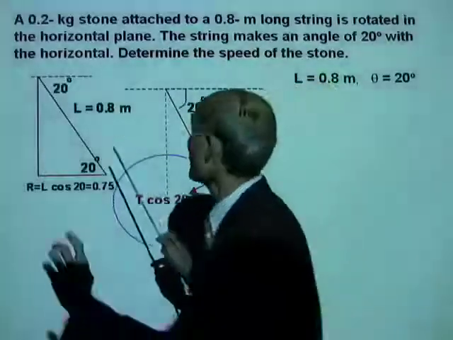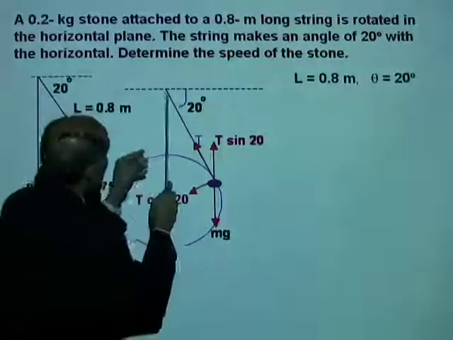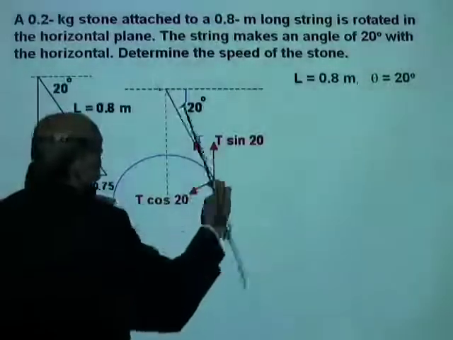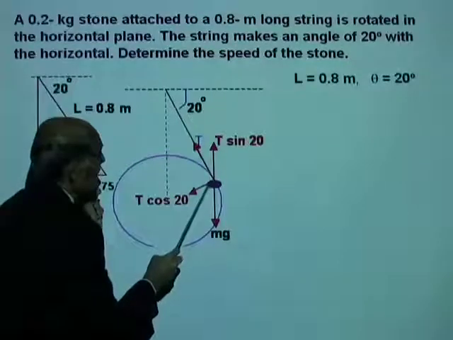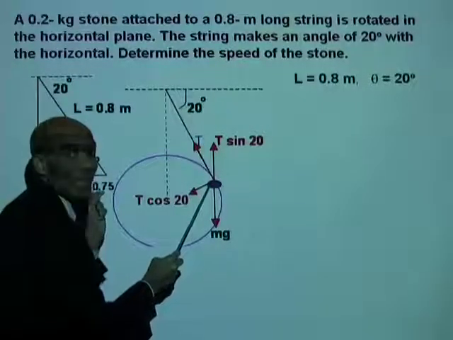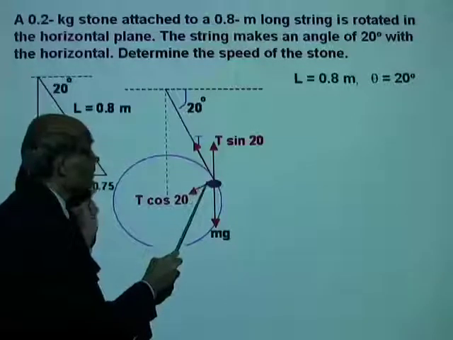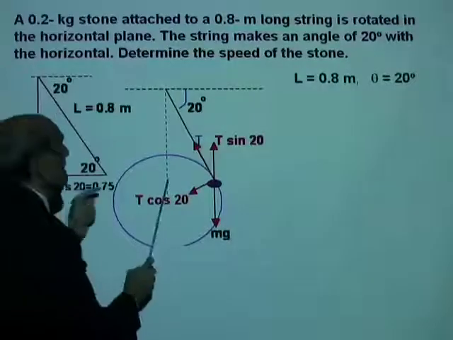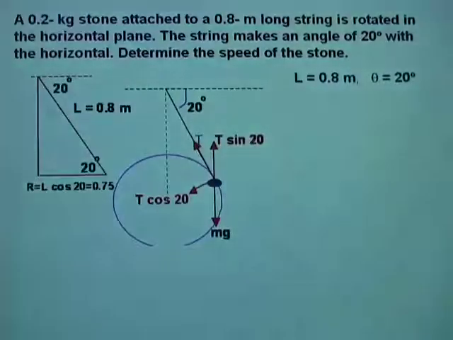Now, what I have drawn, this triangle is, this is the vertical, this is the length of the string, and I drew the line perpendicular here. See, a line drawn perpendicular from the position of the stone to the vertical, and it is that line. And let me draw that over here.